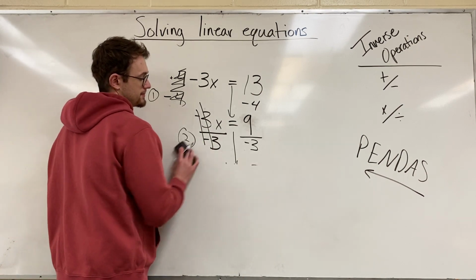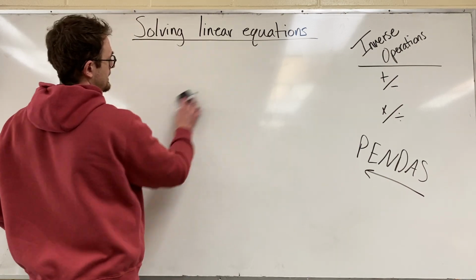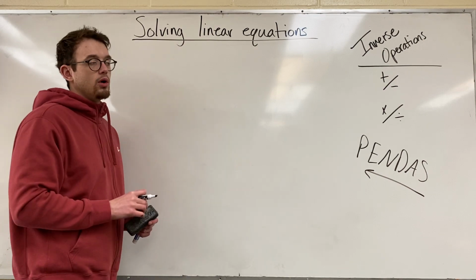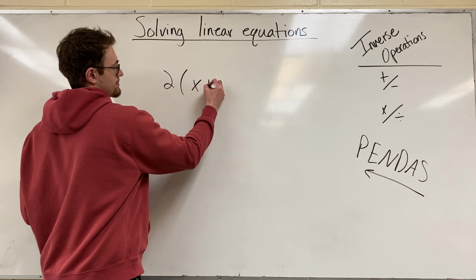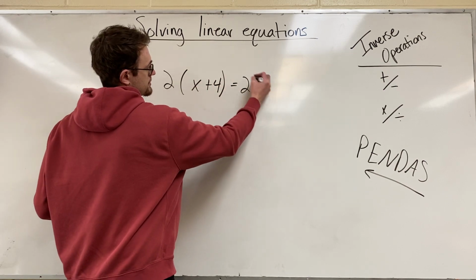Let's do another one. I'm gonna work up to a three-step one. So let's say I have 2 times x plus 4 equals, let's do 20.